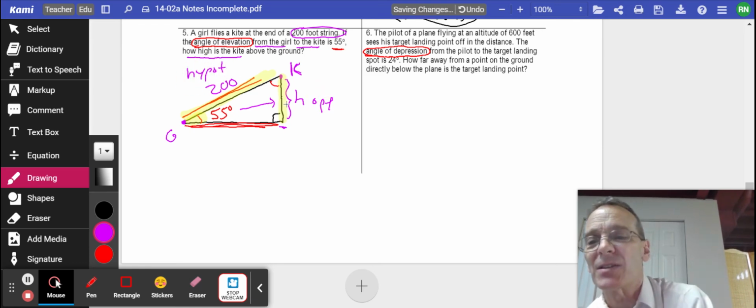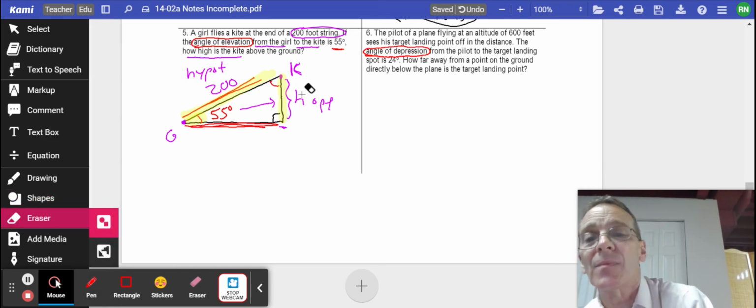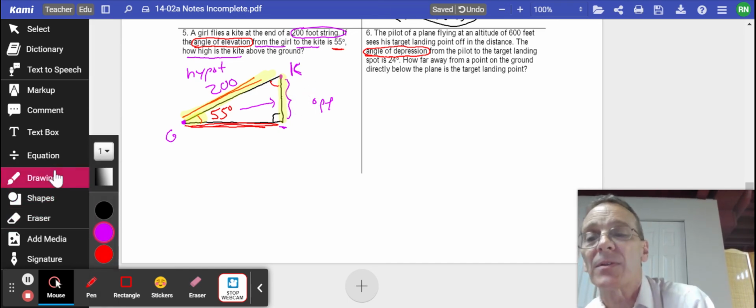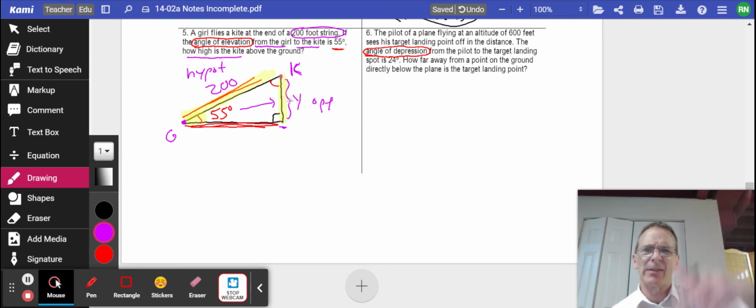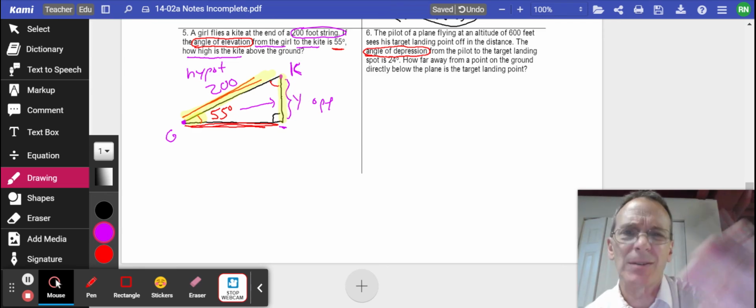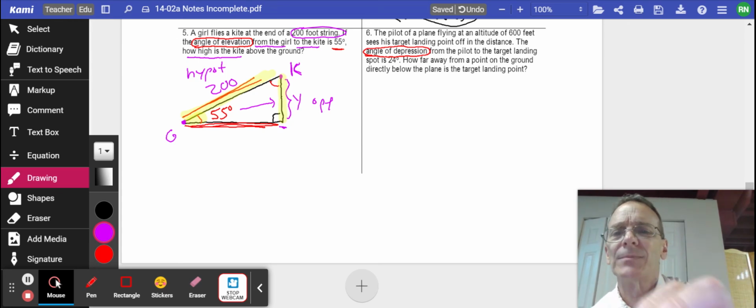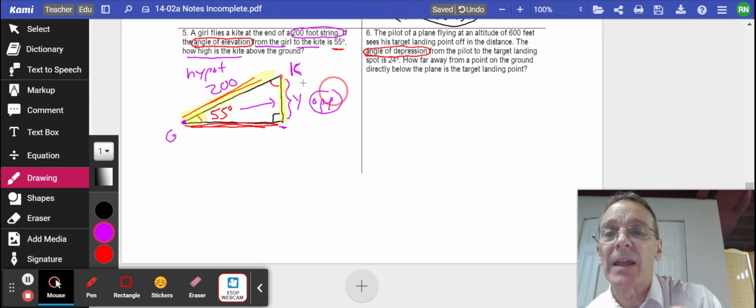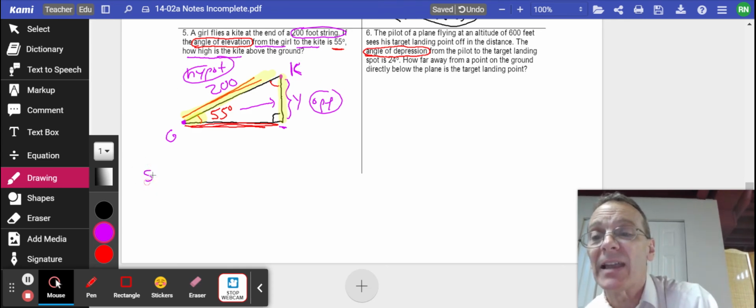Okay, so maybe I better change that H. I don't want to confuse that with hypotenuse. Let's call that Y because it's a length in the vertical direction. Okay, you could call it X too. That wouldn't matter. But both are probably better than H. All right, opposite and hypotenuse are connected by sine.